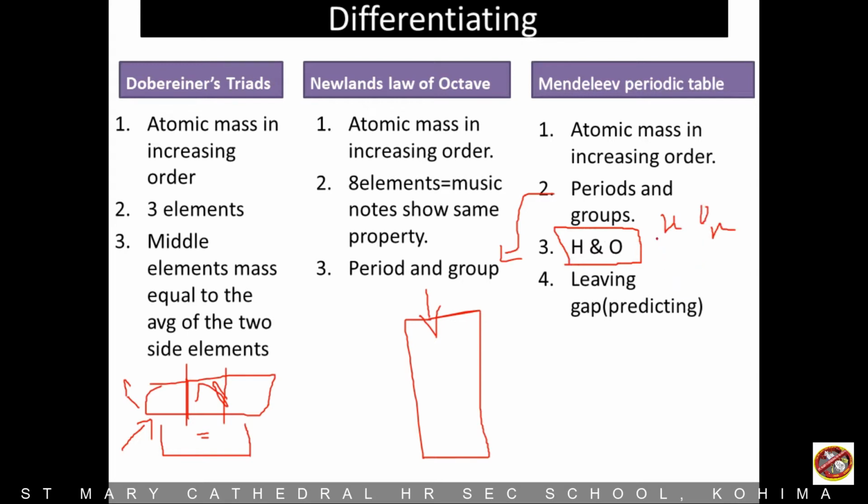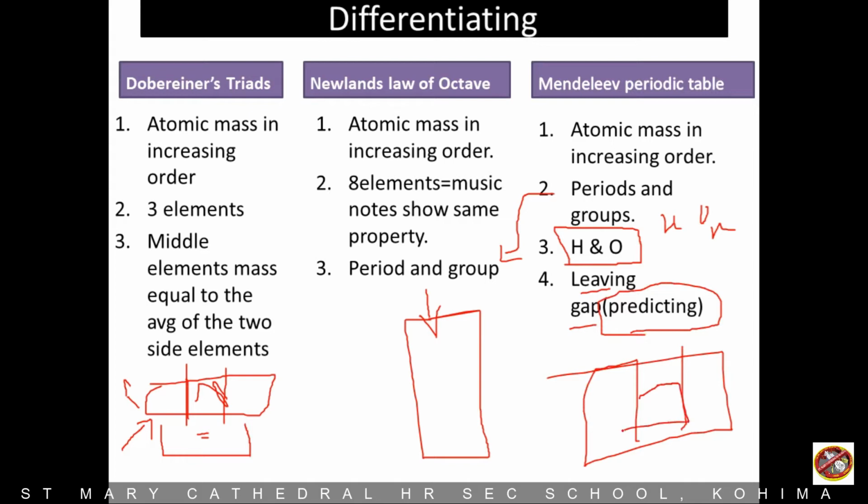He arranged his elements by finding out what kind of properties those elements have, and he also left some gaps, predicting that elements would be found in the future, so in his table some empty blocks were kept for the elements yet to be found. That was his plus point.